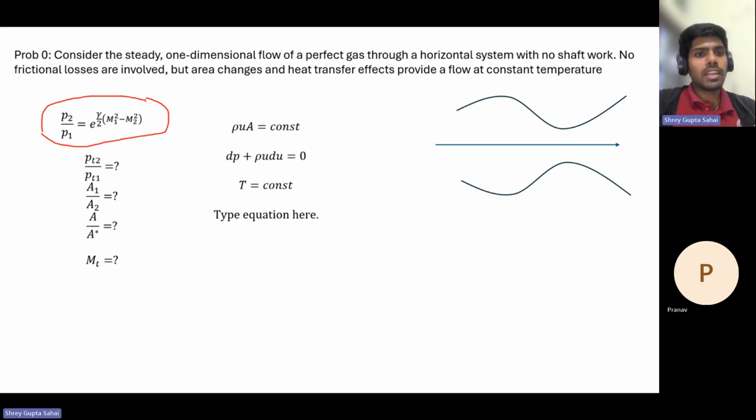In that limit, in that condition, what is going to happen? That is what we are trying to understand with the help of this problem. So now, basically, we need to substitute for the area changes. So what we have here is, now just try this thing.